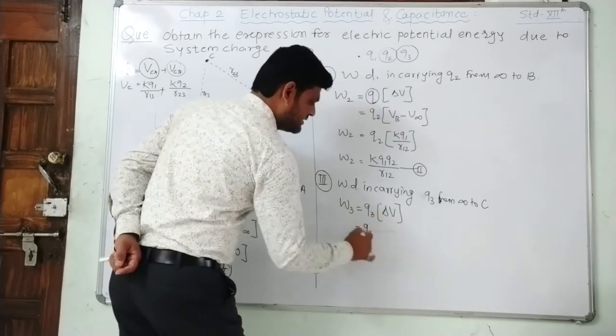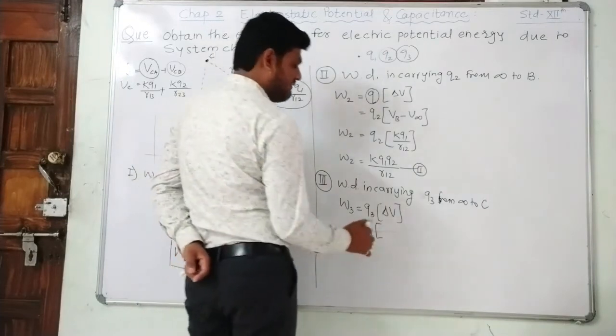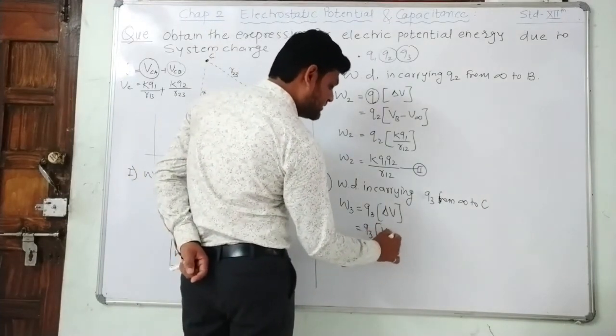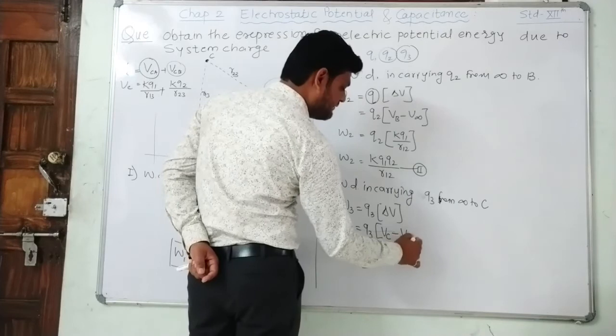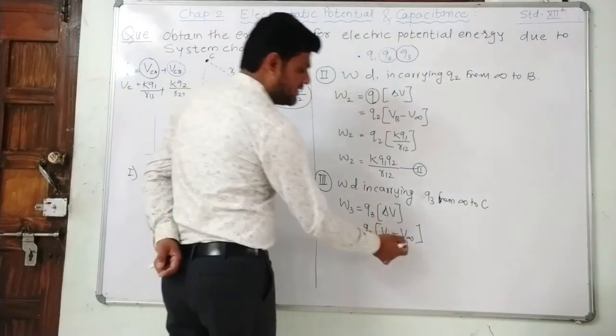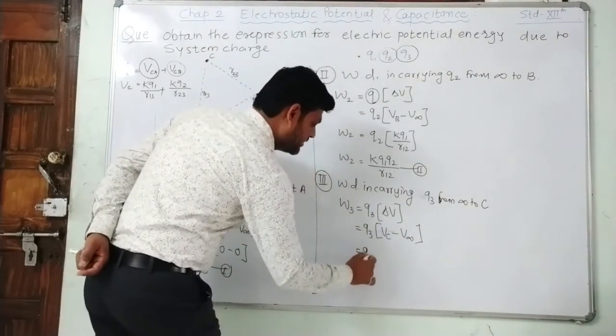So Q3 remains as it is. Potential of the final point, that is VC, minus potential of the initial point, that is V infinity. V infinity is always 0. Q3 remains as it is.